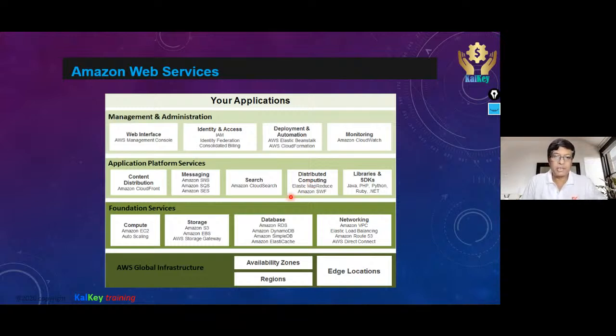Can you see how many Elastic? See, AWS Elastic Beanstalk, Amazon Elastic Compute Cloud, Amazon Elastic Block Store, Amazon ElastiCache, Amazon Elastic Load Balancing. Can you see Elastic in so many places?